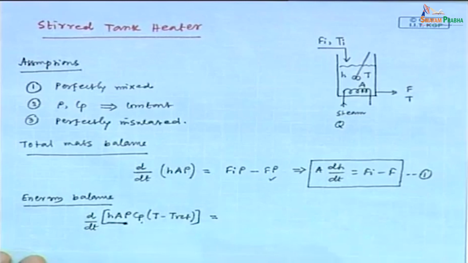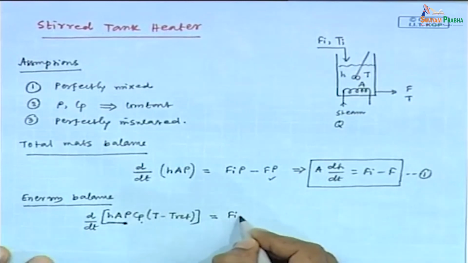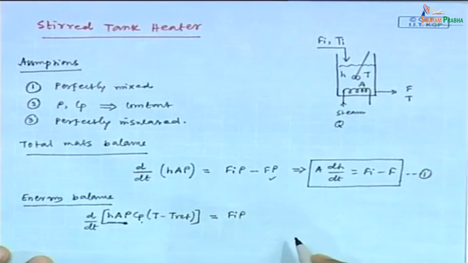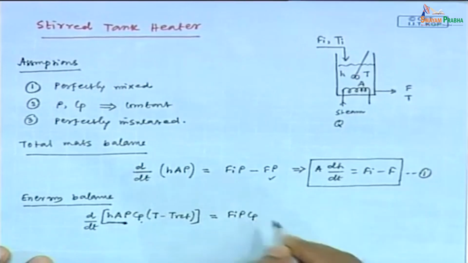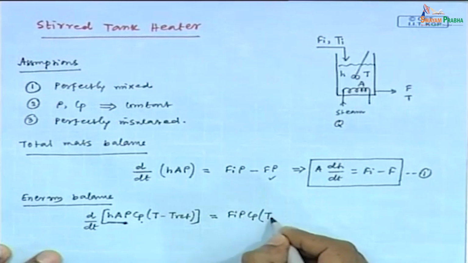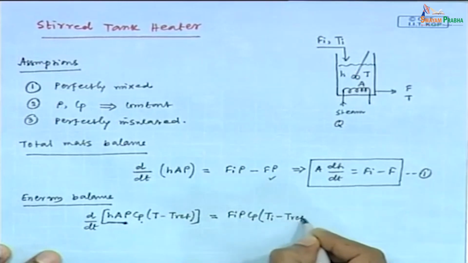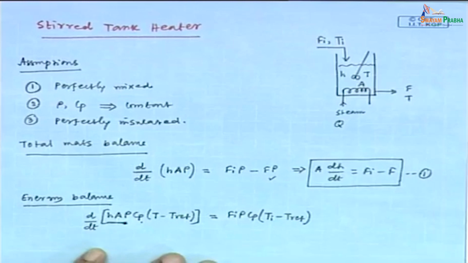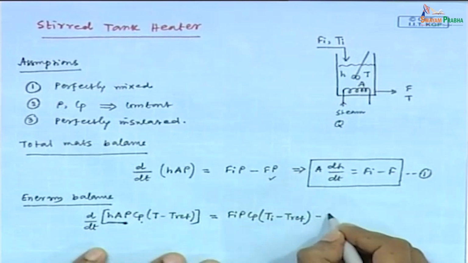What is the energy input rate? Fi rho, this is mass flow rate, Cp, Ti minus T reference, this is the energy input rate. What will be the energy output rate?